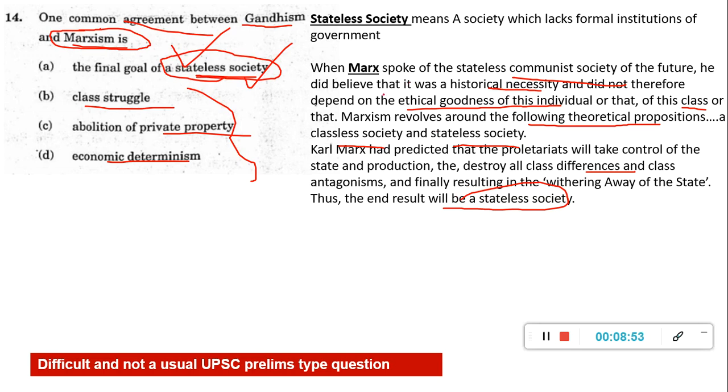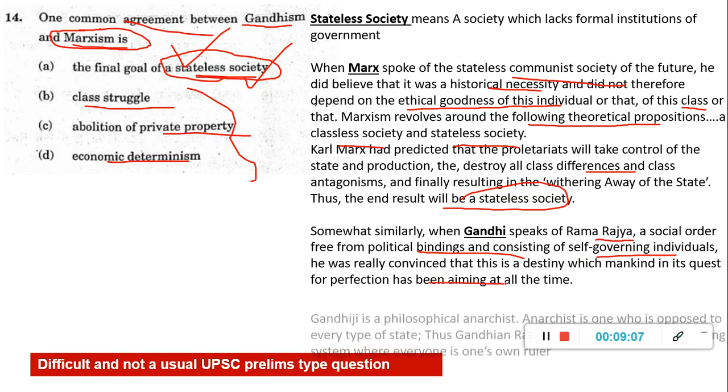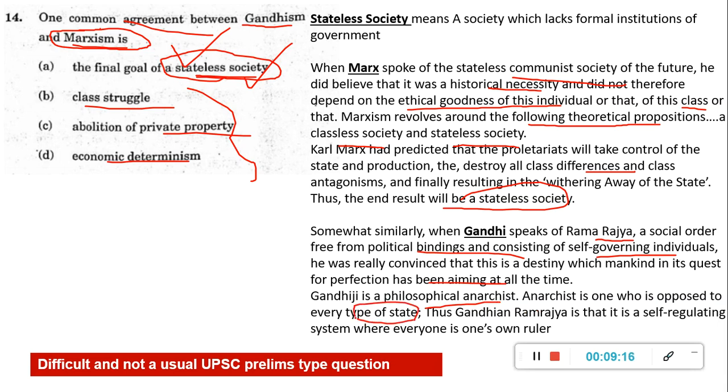Now Gandhi, if you Google the same thing, his concept of Ram Rajya means no political binding, everybody is self-governing, and everybody is aiming for perfection in mankind, choosing their own destiny. If you search, you will find Gandhiji is a political anarchist kind of person. An anarchist is one who is opposed to every type of state. Thus Gandhian Ram Rajya is a self-regulating system where everyone is one's own ruler, meaning there is no state. That is how they both were in agreement.